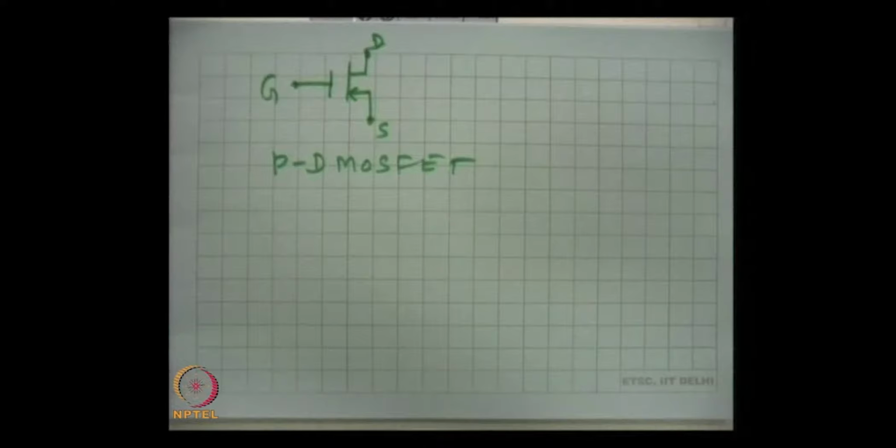So, remember, depletion MOSFET can be used in depletion mode and enhancement mode, and we have talked almost about the construction, about the working principle of MOSFET. We have drawn the drain and transfer characteristics. Transfer characteristics are very important for this device, because here the gate voltage controls the drain current.